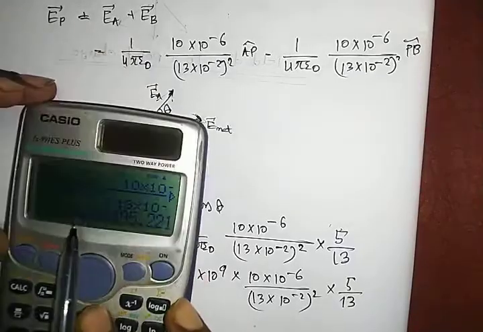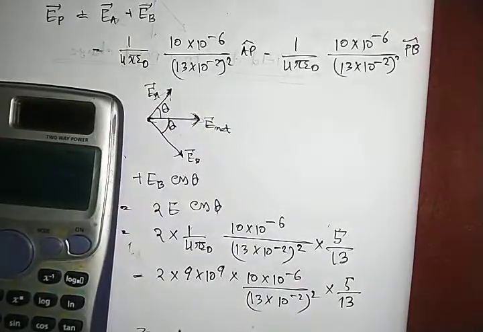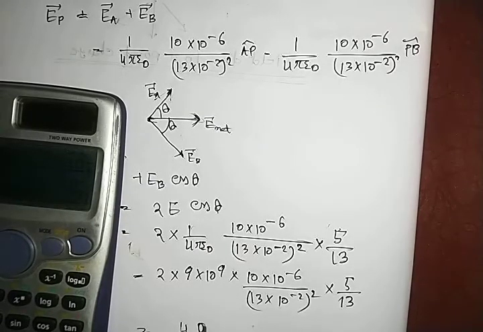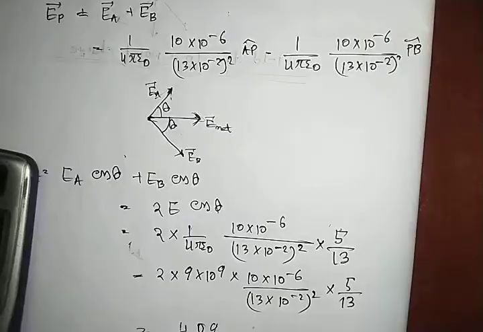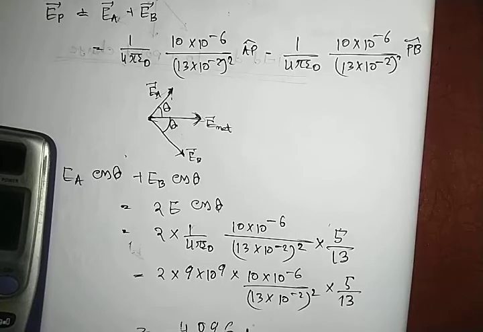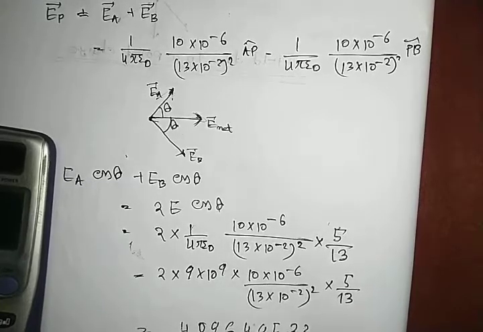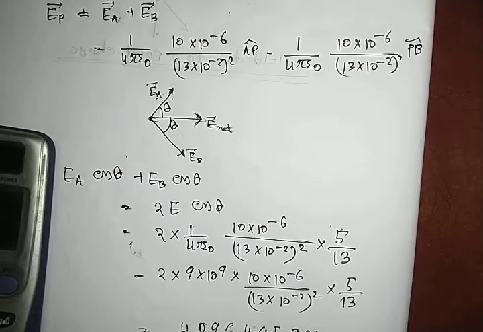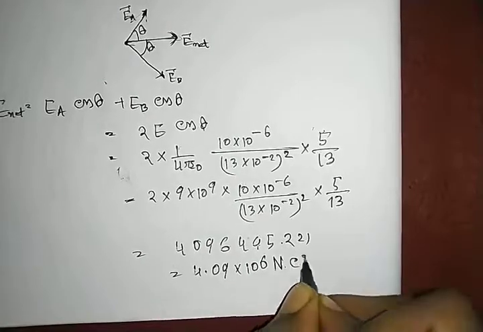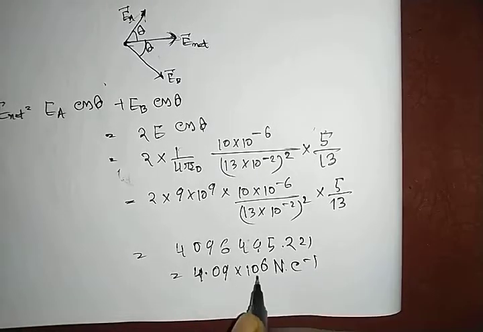So this becomes, you can see this large value. We get 4.09 into 10 to the power 6 newton per coulomb, which is the value of the electric field.